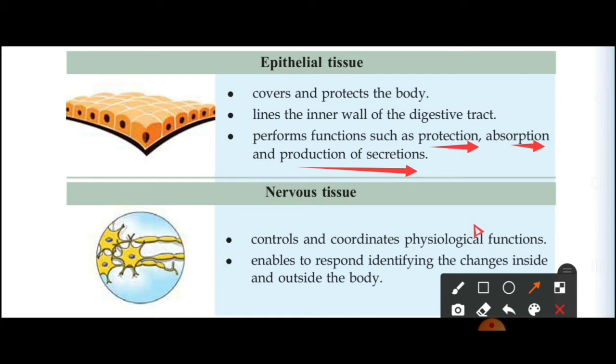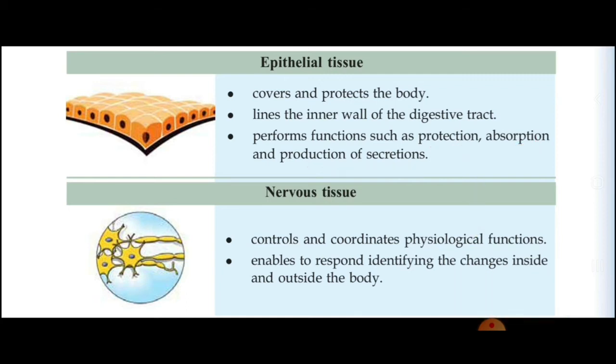Then nervous tissue, look at the picture. It controls and coordinates physiological functions. Physiological functions means body functions are controlled and coordinated by nervous tissues.